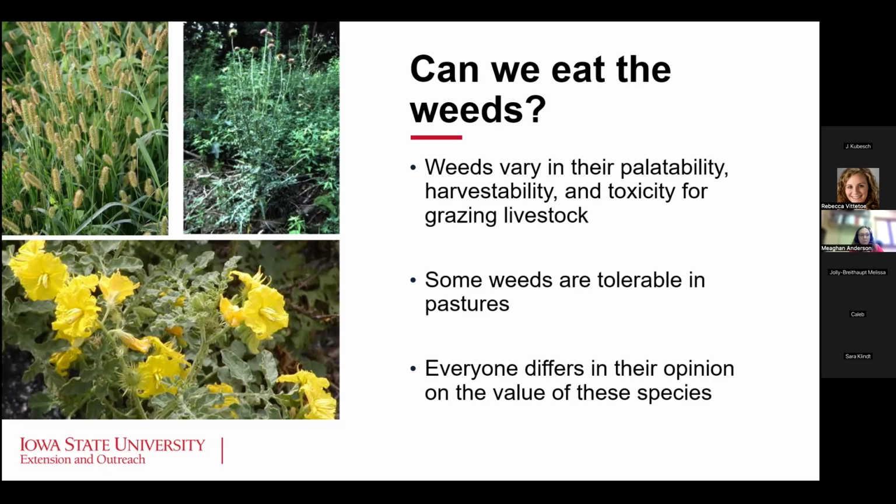You can see on this slide, yellow foxtail in the upper left can actually be a really good forage, highly palatable early in its growth cycle, but once it starts to produce those seed heads, obviously its palatability goes down quite a lot, and it can even cause some health issues with livestock trying to graze on it. Versus things with spines like the buffalo burr and the thistle, those are probably never going to be tolerable at any level in a pasture.